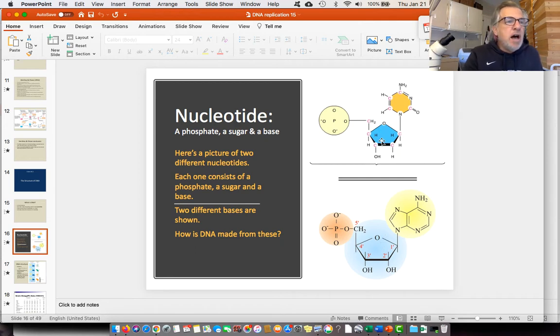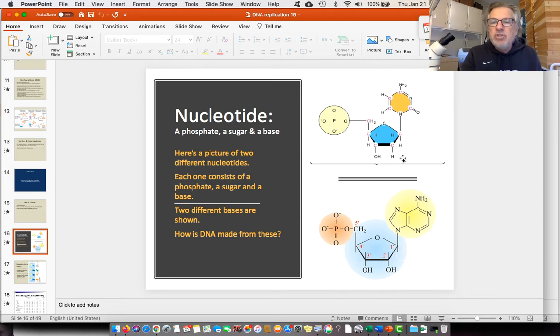It consists of a phosphate, a PO4 molecule that gets attached to the sugar, and it consists of a nitrogenous base. What I mean by that is these bases have several nitrogen atoms in them.